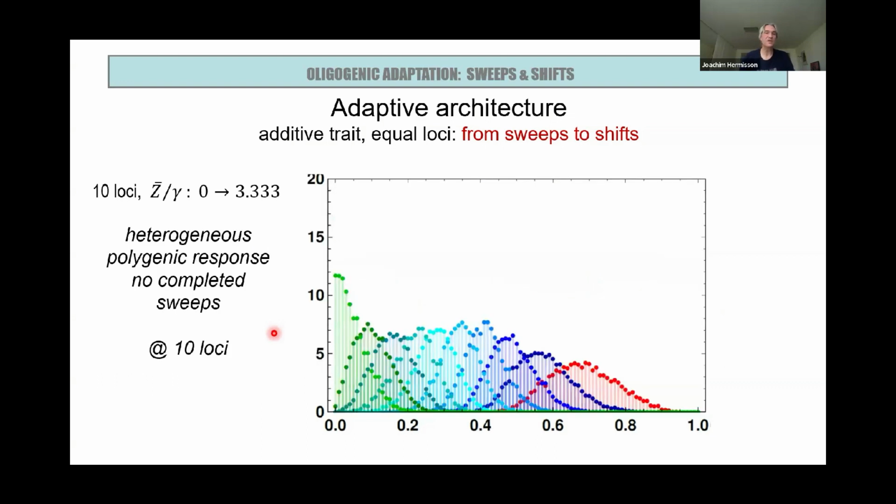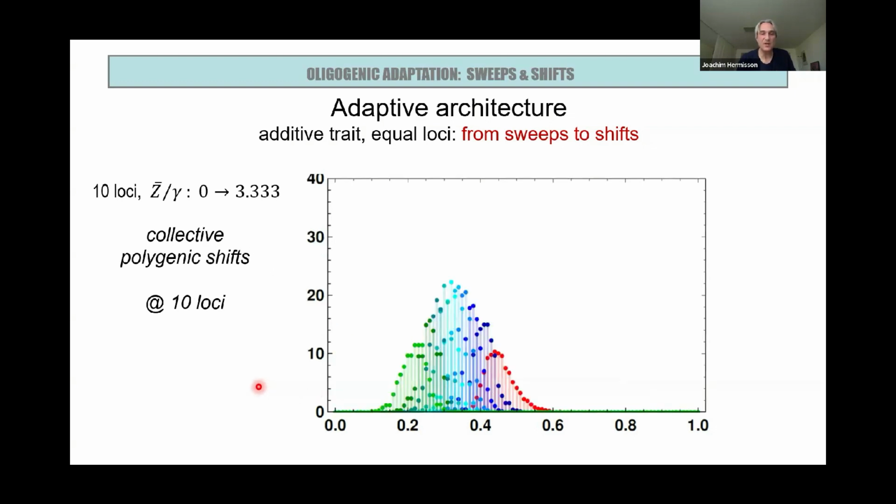But now, of course, we can go even further. Sometimes this pattern looks like this, where we have consecutive curves of one locus following the other, and the contributions of the different loci become more and more similar.